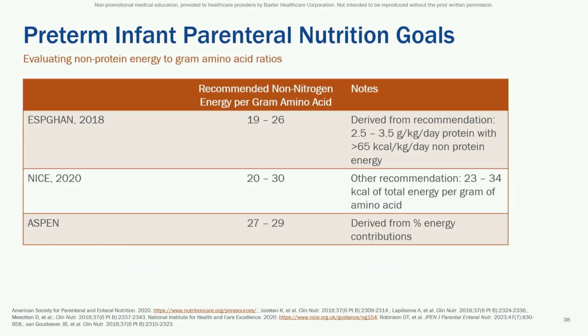But what I really like to do on rounds is to report our non-protein energy to gram amino acid ratio as a way to help contextualize, are we providing good total nutrition? I'm biased to the 20 to 30 range of non-protein calories per gram amino acid that NICE has presented, and those are in range with ASPEN and ASPEN's derived recommendations as well.